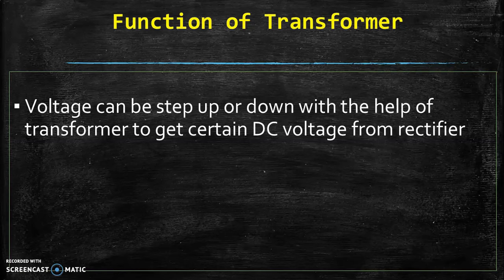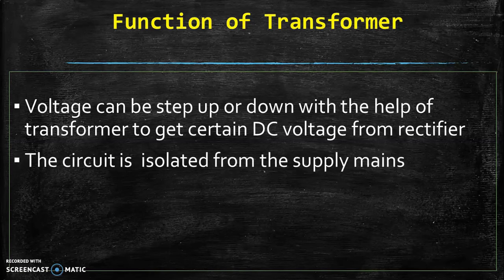So depending upon our requirement of the DC voltage, we have to either step up or step down the input 230 volt single phase AC voltage, and this can be done with the help of the transformer. One more function of the transformer is that the circuit is isolated from the supply mains. So our electronic circuit or the DC side is isolated from the power mains.